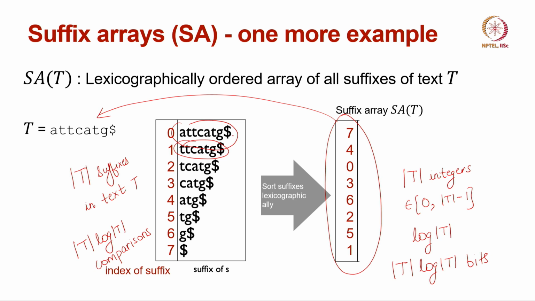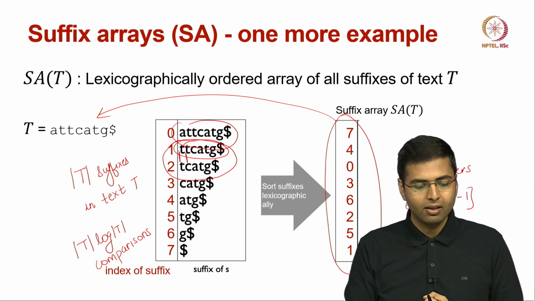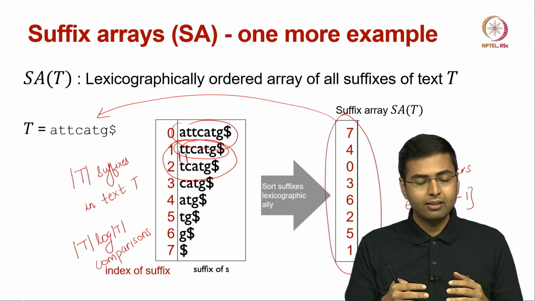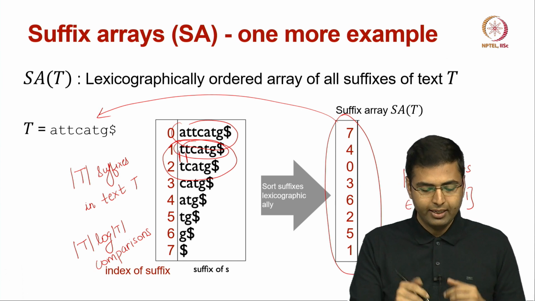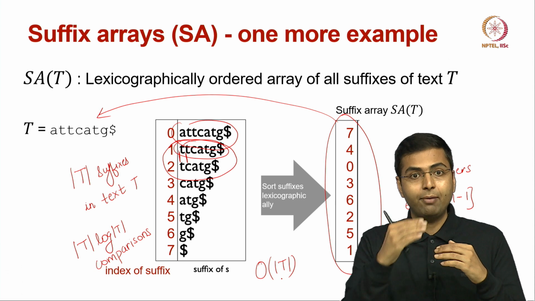For example, if I am comparing suffix 1 and 2, I will need to compare them one character at a time and then decide which suffix is smaller than the other. So each comparison between two suffixes can take order T time.